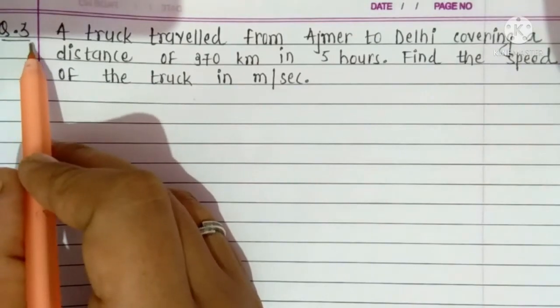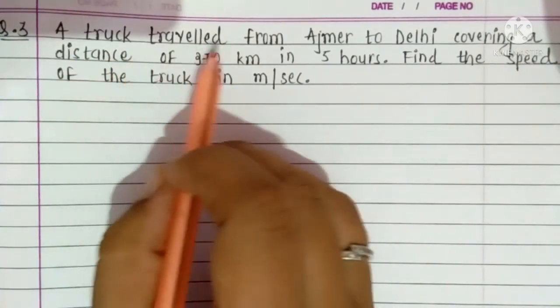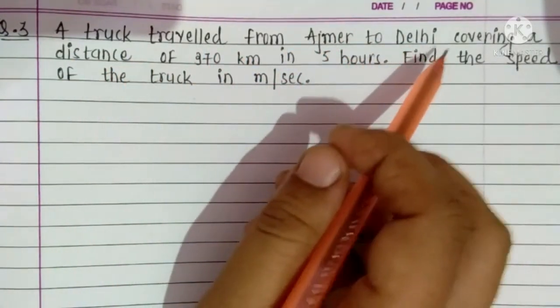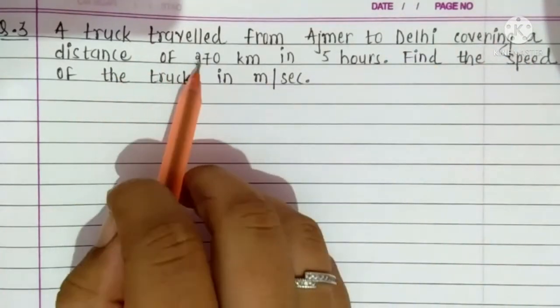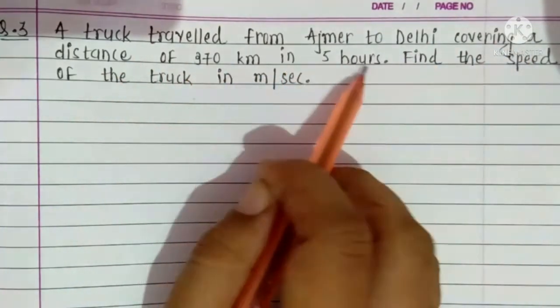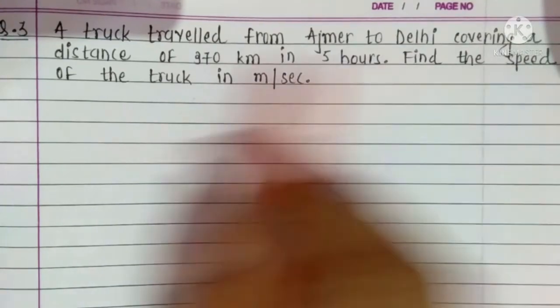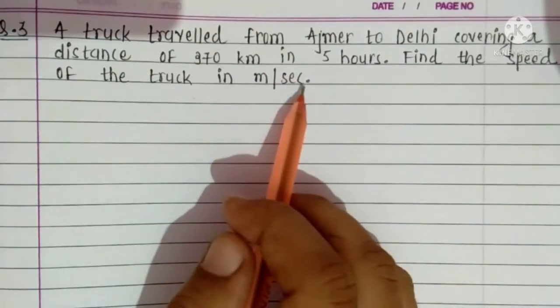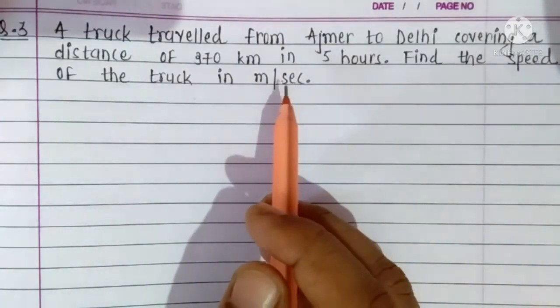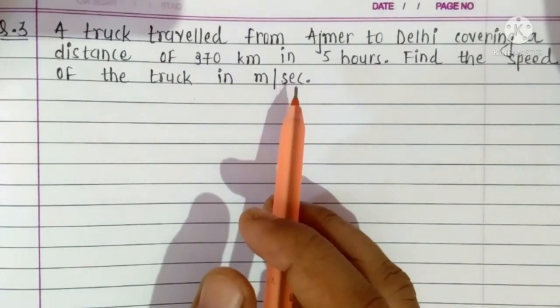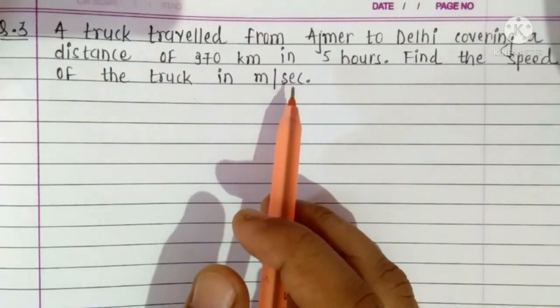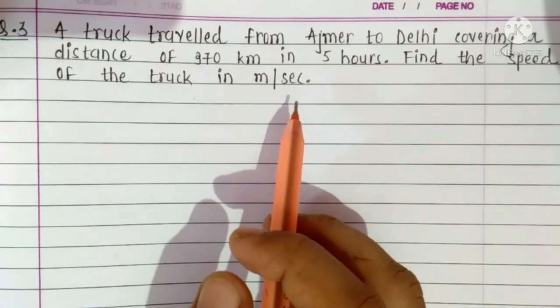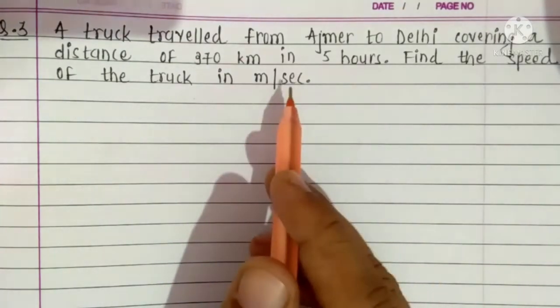Now we solve question number 3. A truck travelled from Ajmer to Delhi covering a distance of 370 km in 5 hours. Find the speed of the truck in meter per second. That means truck 5 hour में 370 km डिस्टेंस कवर करता है तो हमें ट्रक की स्पीड फाइंड करनी है.